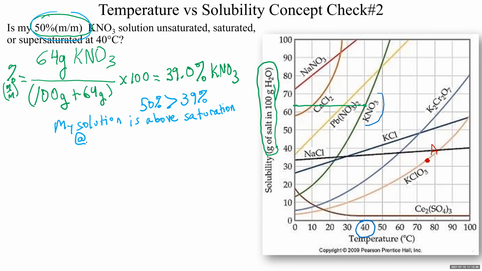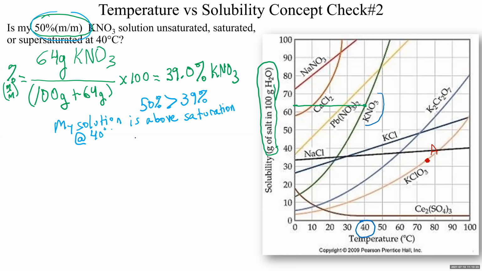Now, it doesn't mean it has to be that way, right? If we were at a different temperature, I might be able to dissolve more, but right now I'm above saturation at the 40 degrees Celsius mark, meaning my solution is what?